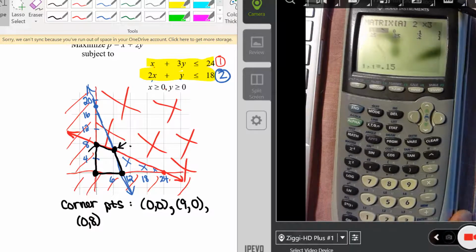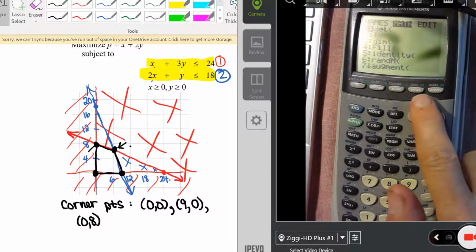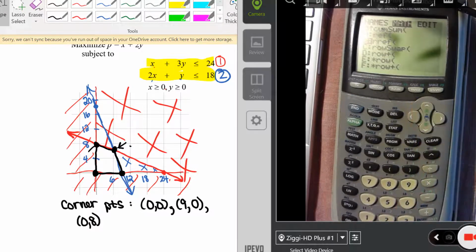And so the top row would be 1, 3, 24. And the second row would be 2, 1, 18. Okay, and then I'll do second quit, and second matrix, math, arrow up to RREF, enter, and then matrix A, second matrix A. Close parentheses, enter.